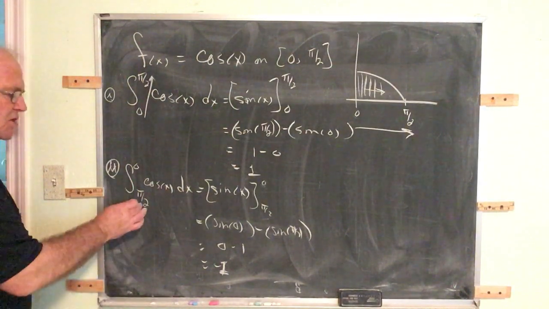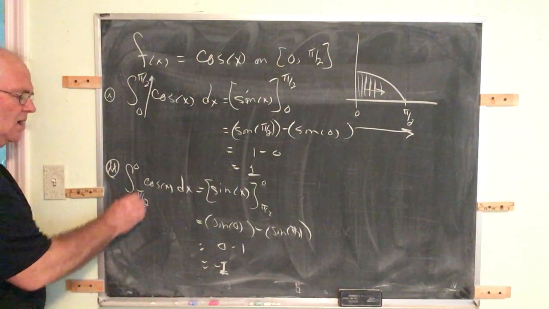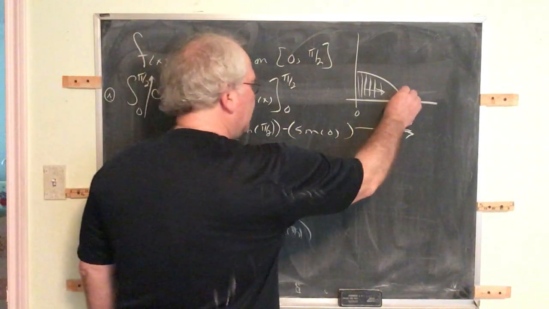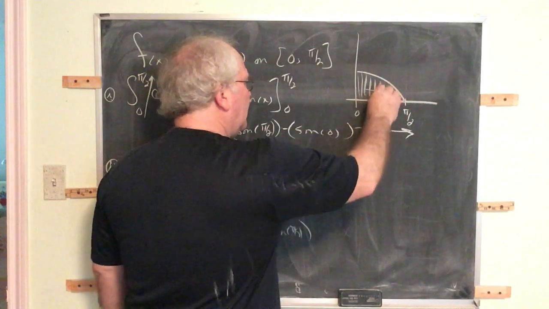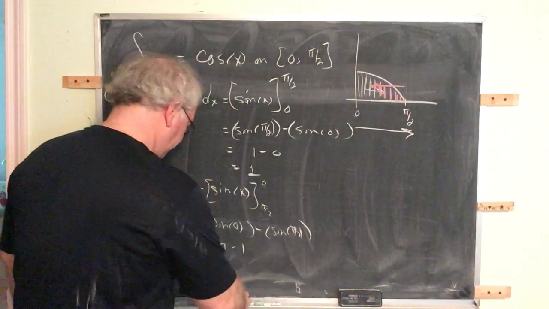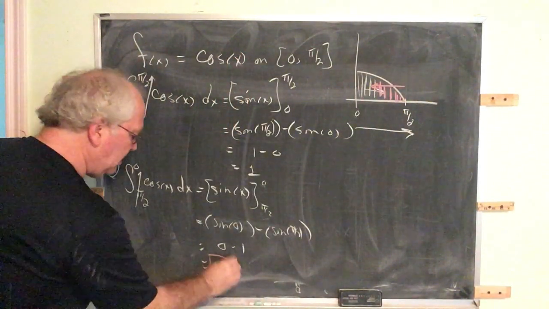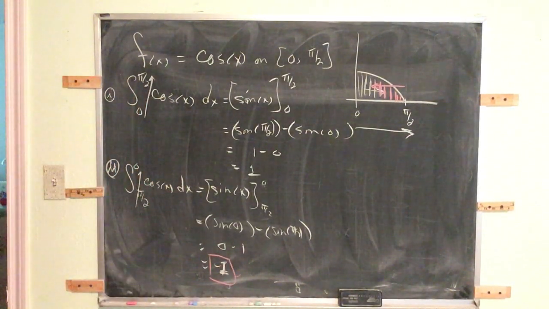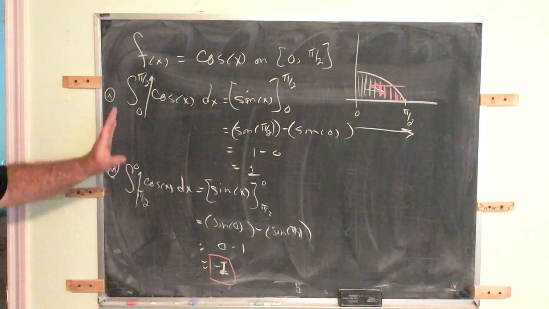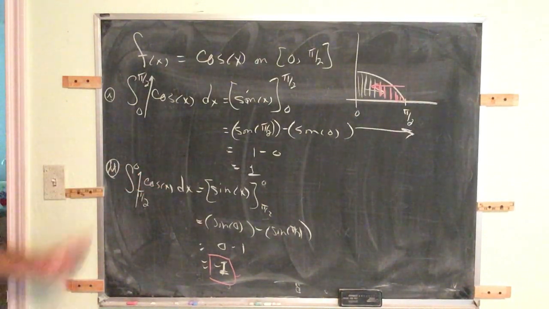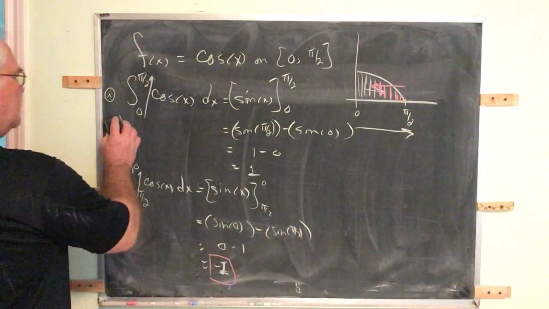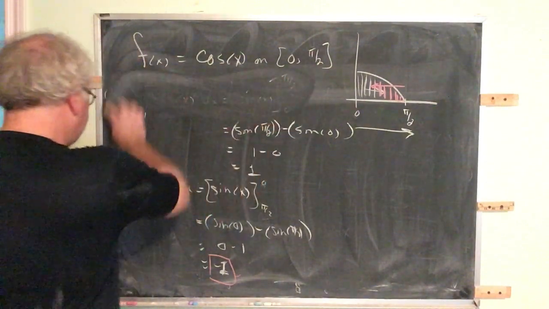On the other hand, if you start at the right and go to the left, start at pi over 2 and go to 0, we're starting here and coming in that direction. That will be interpreted as a negative value by the computation. So you need to understand that's what occurs when you've interchanged the limits of integration. All right? Now, the next property we're going to illustrate is this.